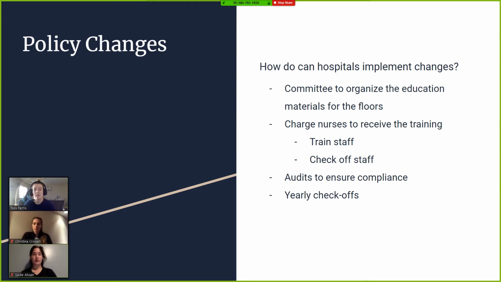And then after that, we want to make sure that the compliance rate is 100%, or if not 100%, as close to that as possible. So we'll make sure that they're going to be doing audits to make sure that nurses are doing their VAT bundle, because ultimately, if our nurses are doing that, then hospitals will be saving a lot of money and we will have better outcomes for our patients.